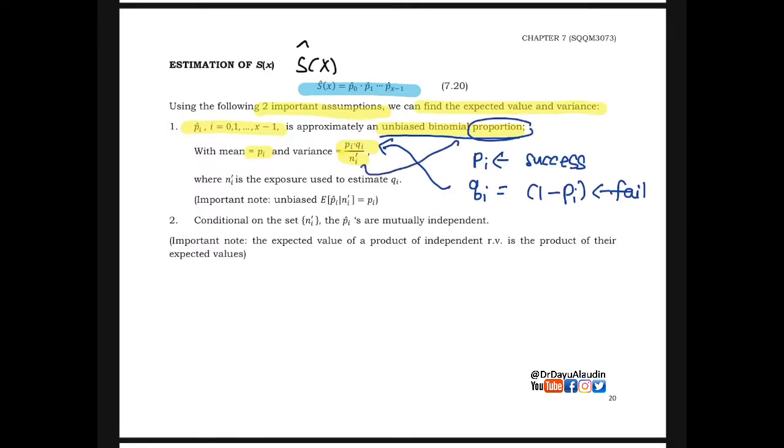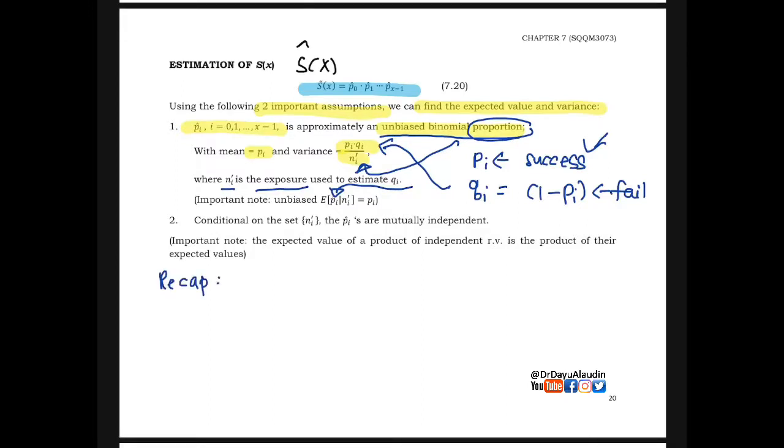That's why for the variance we have to divide with the Ni, since it is the conditional situation where the Ni is the exposure, the Pi the success only for the Ni, the total of the exposure.